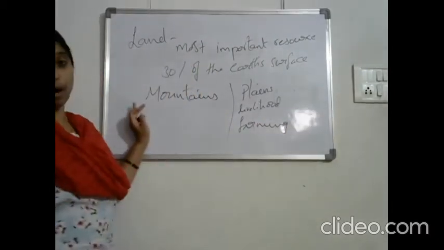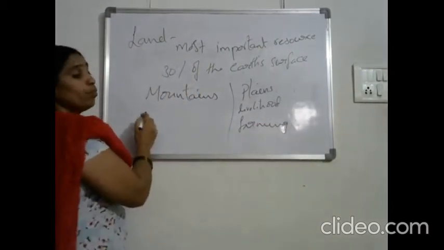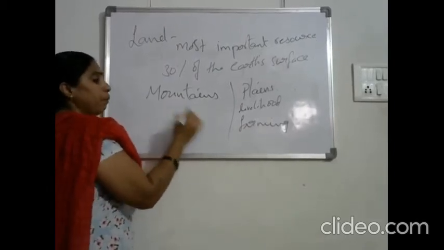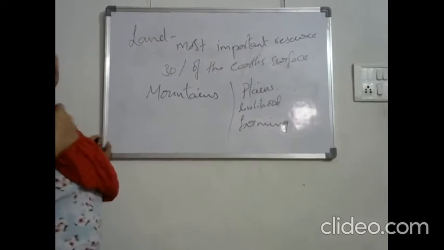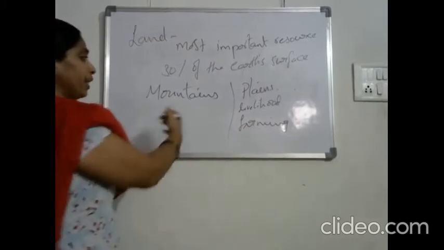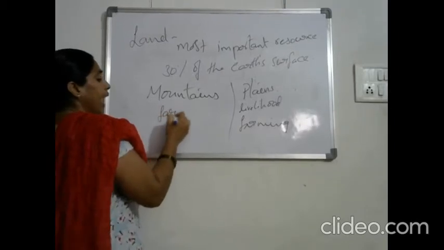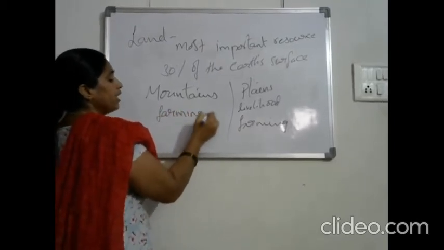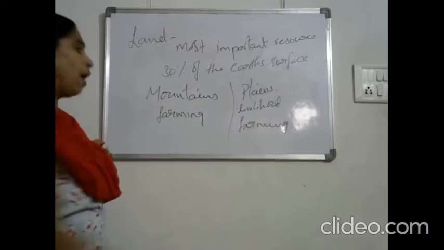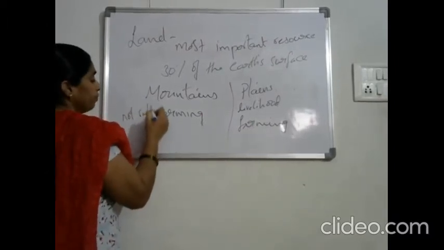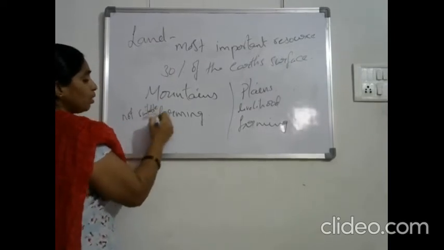But the mountains are mostly uninhabitable. Why? Because people have to do a lot of hard work for their livelihood. The land near the mountains is mostly not suitable for farming, and it is a cold place.